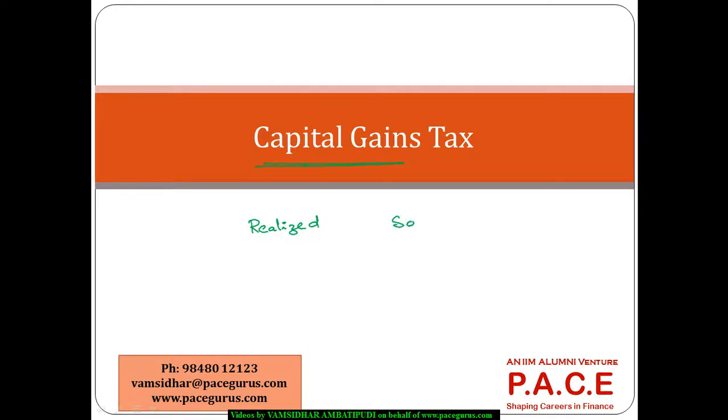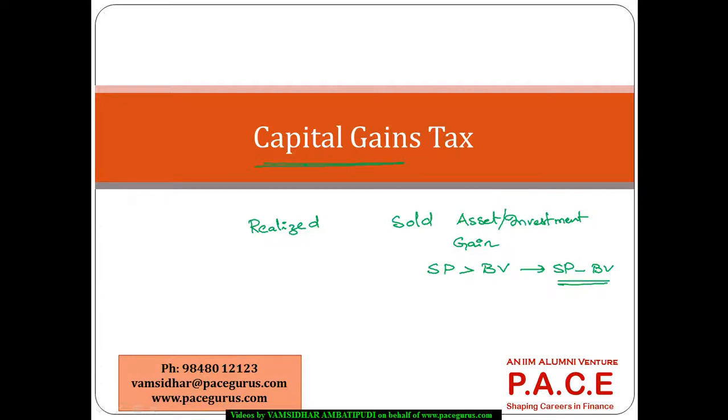Only when I have sold some asset, sold some investment, and by selling it, I have made a gain on the top of it, meaning the price at which I have sold is greater than the book value of that particular asset or investment. The difference is what I am calling capital gain, and I am paying a capital gains tax on top of it.